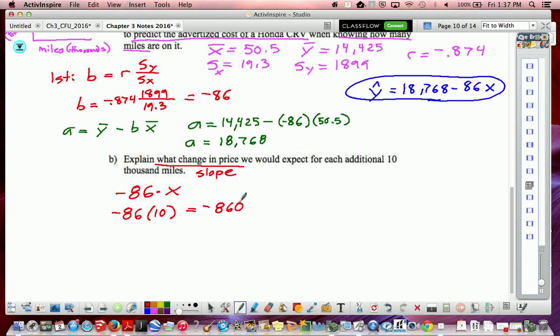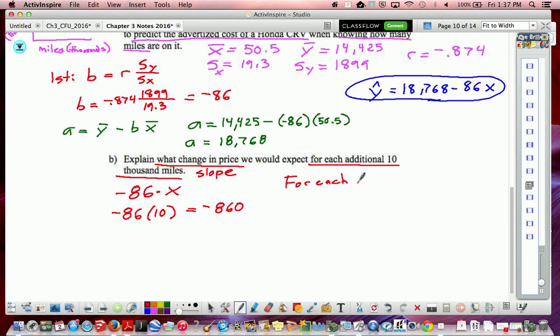So what does that actually mean in this context? So for each additional 10,000 miles, what? You got it.